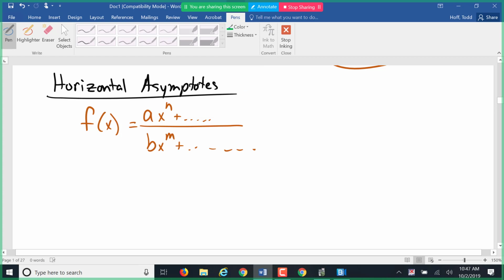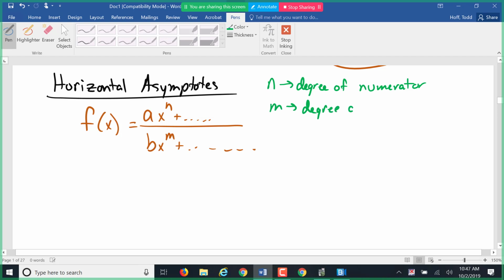Horizontal asymptotes meet certain conditions. So first we look at the degree of the numerator and the degree of the denominator. N is the degree of the numerator. That's the largest power on x in the numerator. M, of course, is the degree of the denominator.